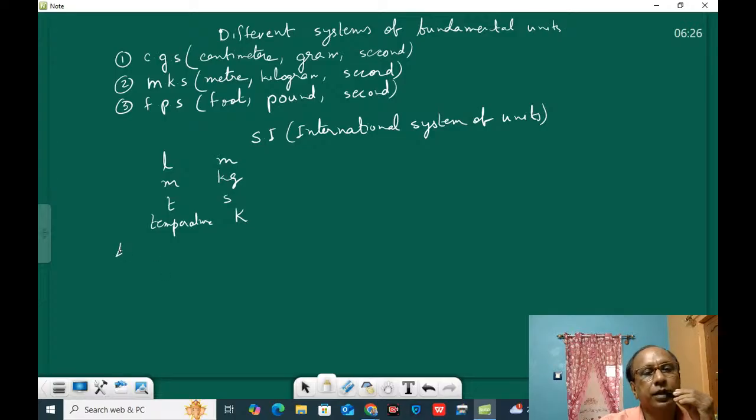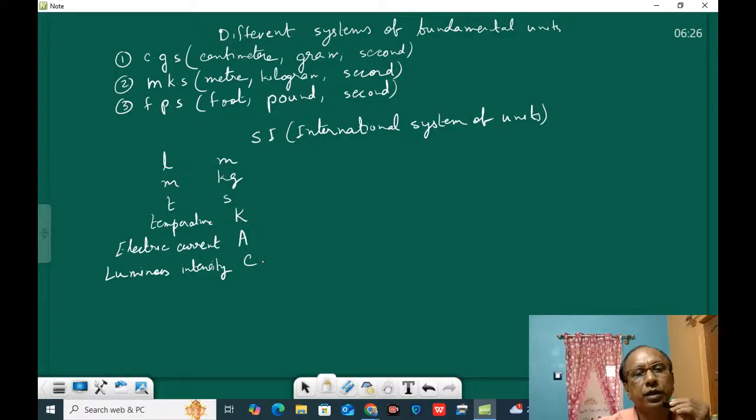And there is electric current. We have seven fundamental SI units. Electric current is measured in ampere. Besides that, we have luminous intensity, which is measured in candela, written as cd.